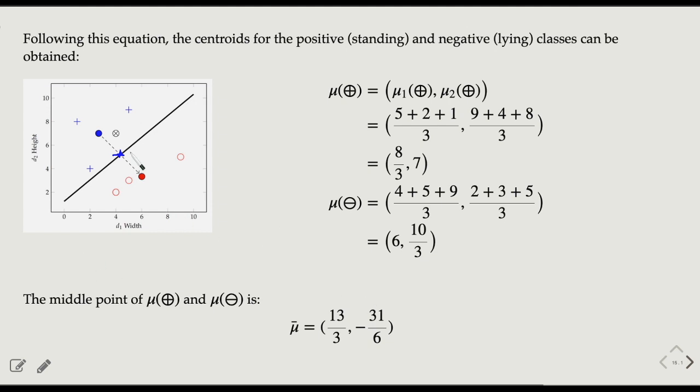Okay. Now, how do we find out which linear function actually is the one that is perpendicular to this dashed line here? And so we can think of this dashed line as a vector from the middle point. So a vector from the middle point to this particular data point.